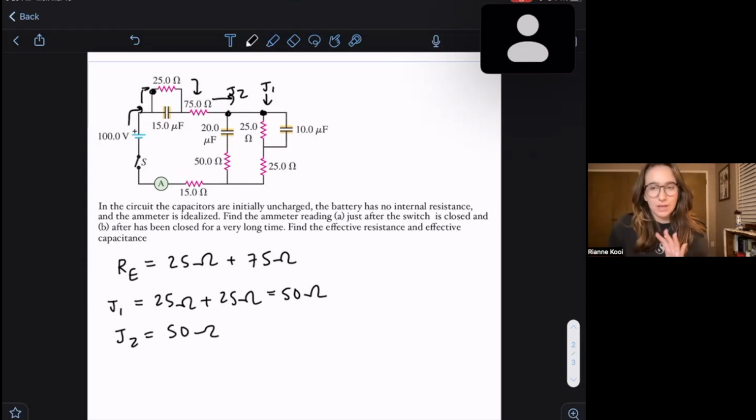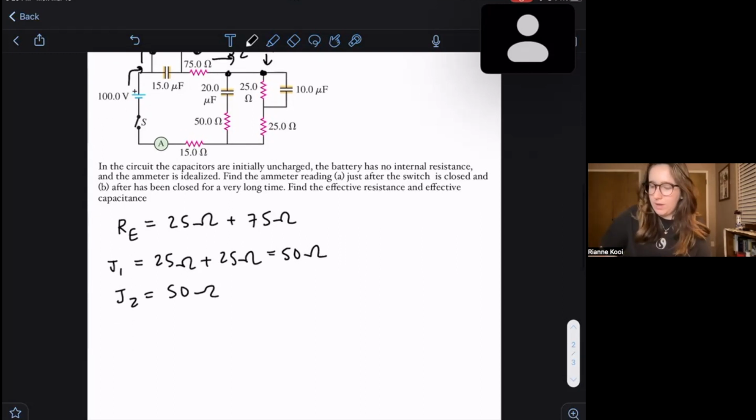Now I want to find the effective resistance for just this parallel part. Let's call it R2.